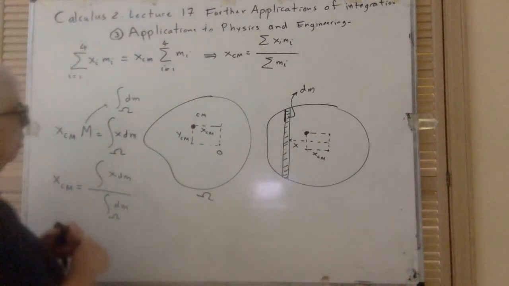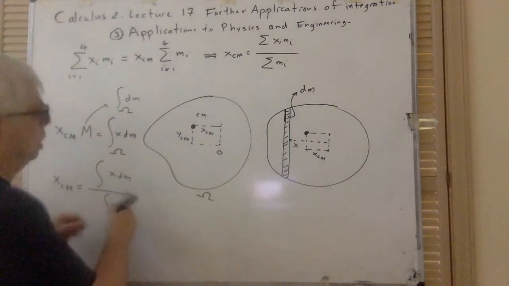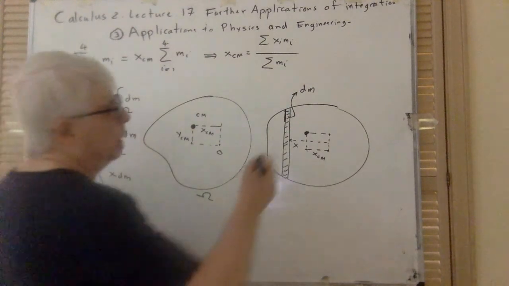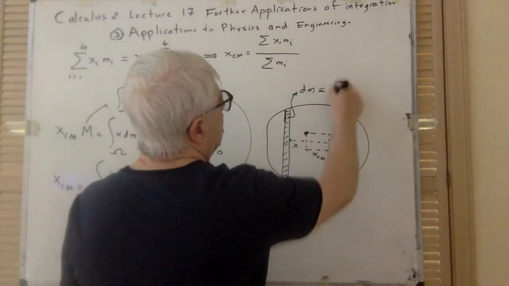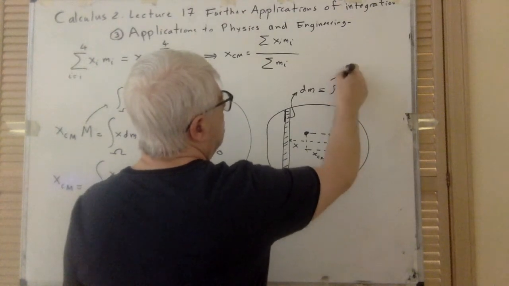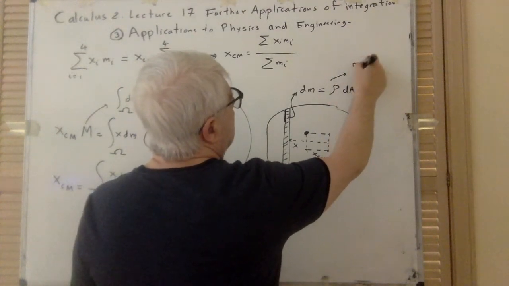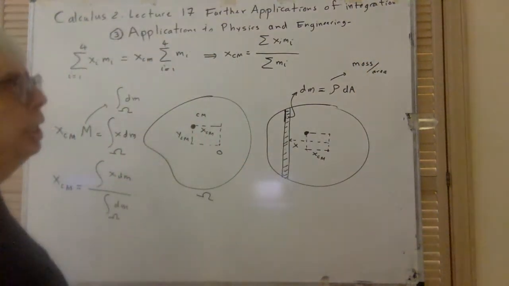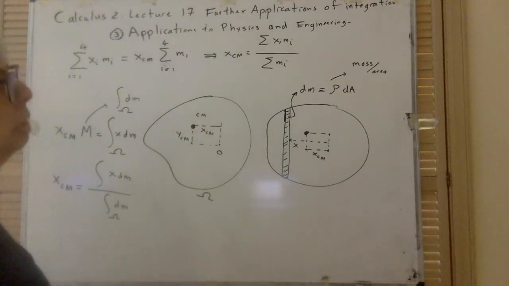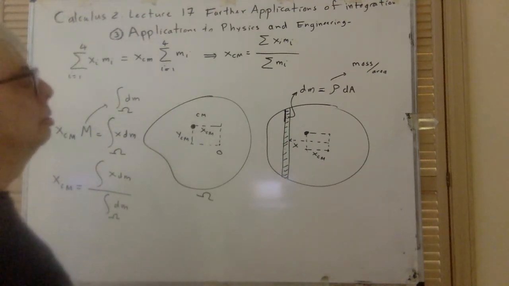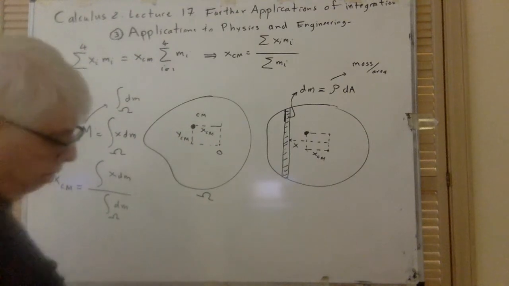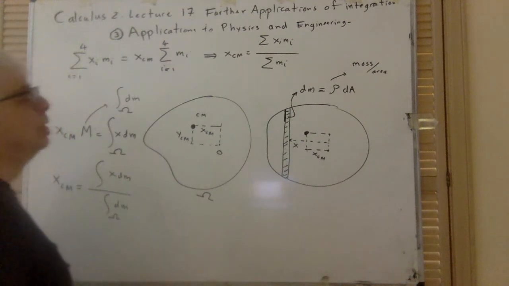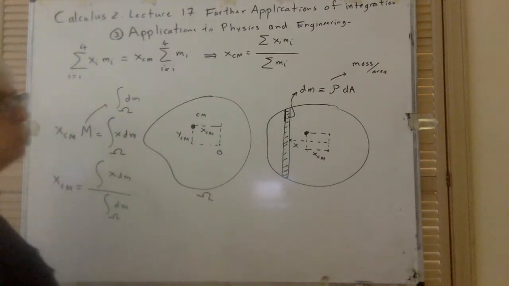So what is dm then? Say dm will be rho dA, right? And what is rho? Rho is mass per area, not mass per volume, right?